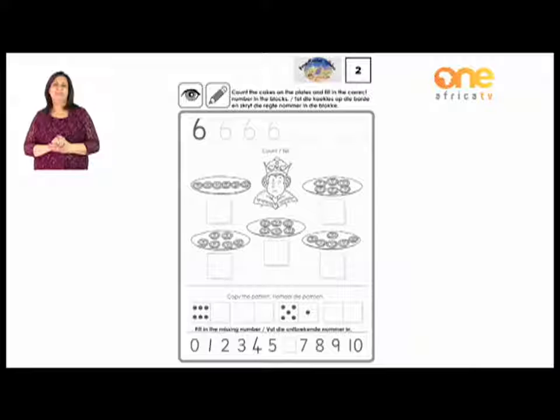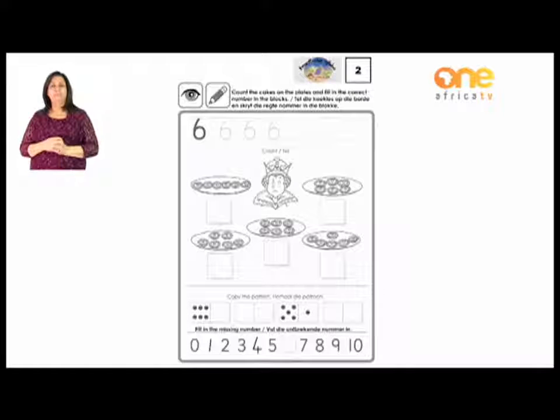Now in the block below the picture of the cookies, we need to write number 6. Now continue counting the rest and write number 6 wherever you find 6 cookies on the plate.